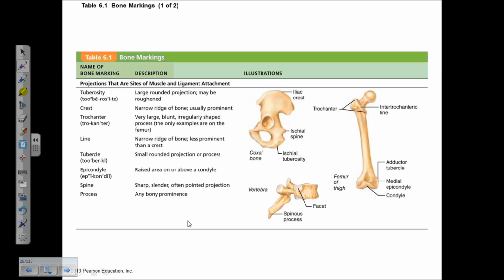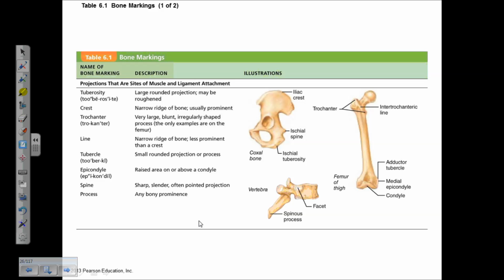Trochanter, which you can find only on the femur. Okay, two trochanters. Intertrochanteric line, which is a little prominence that is smaller than the crest. Tubercle, right here, a small projection.